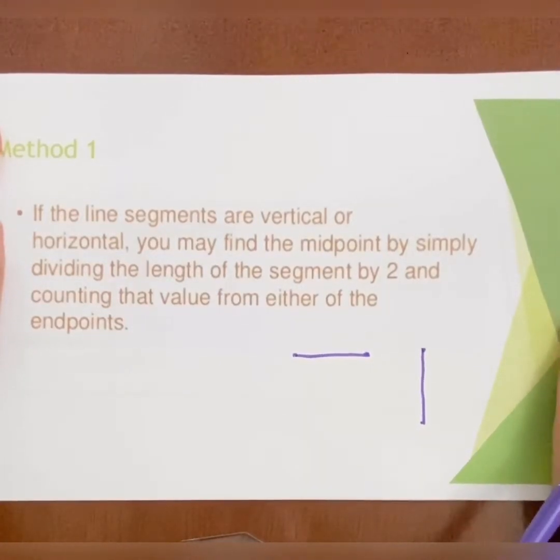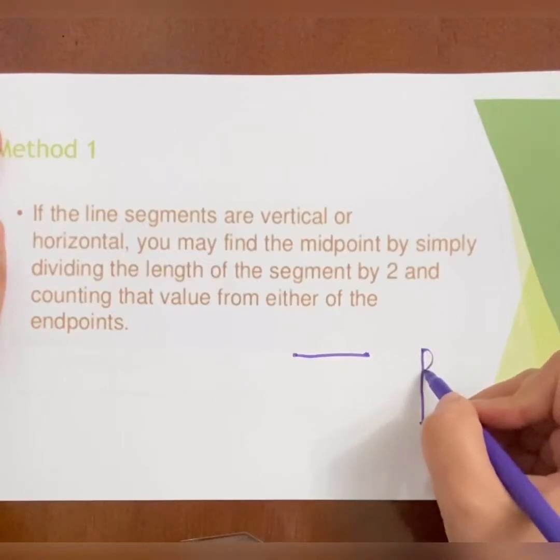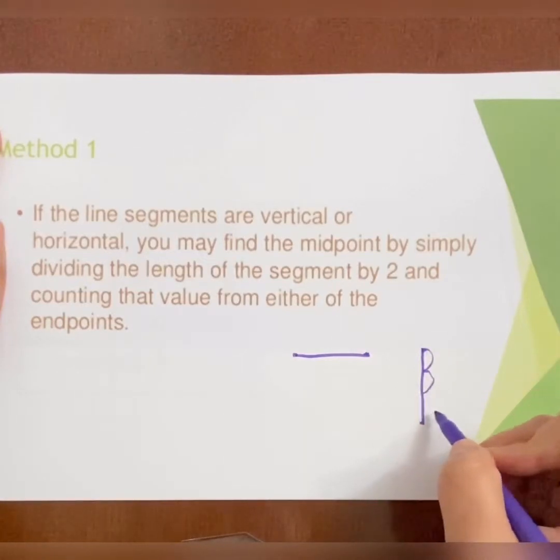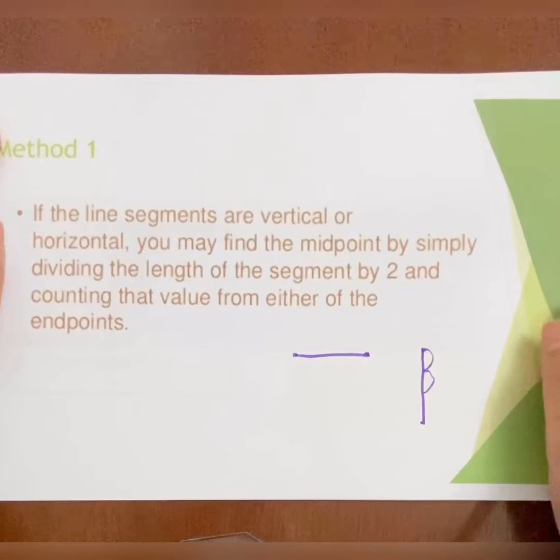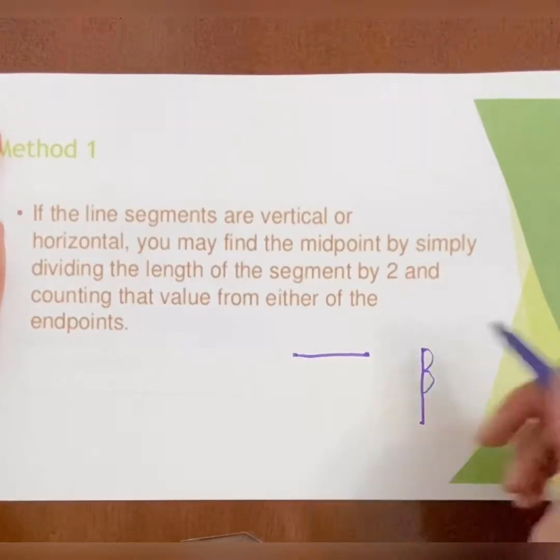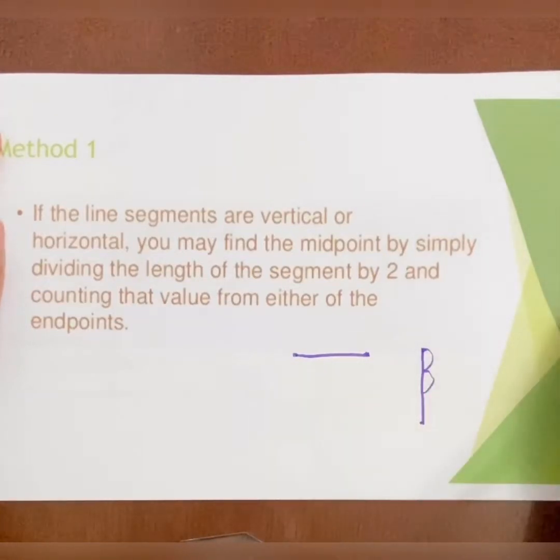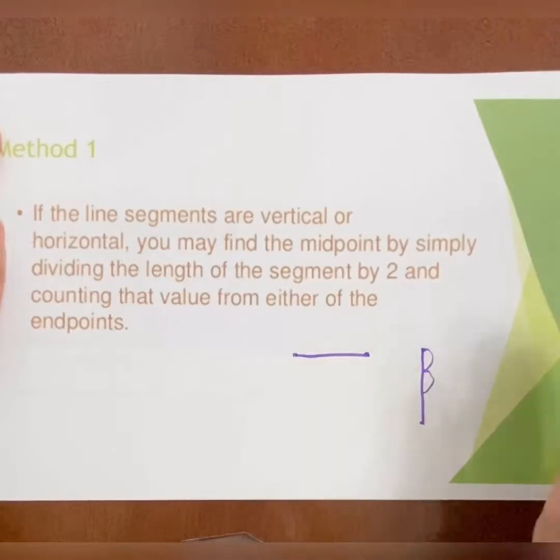You may find the midpoint by simply dividing the length of the segment by 2. So we just count the number of squares if it's done on squared paper, or if the line is drawn on a graph. You just count the length of that line segment and you divide it by 2.